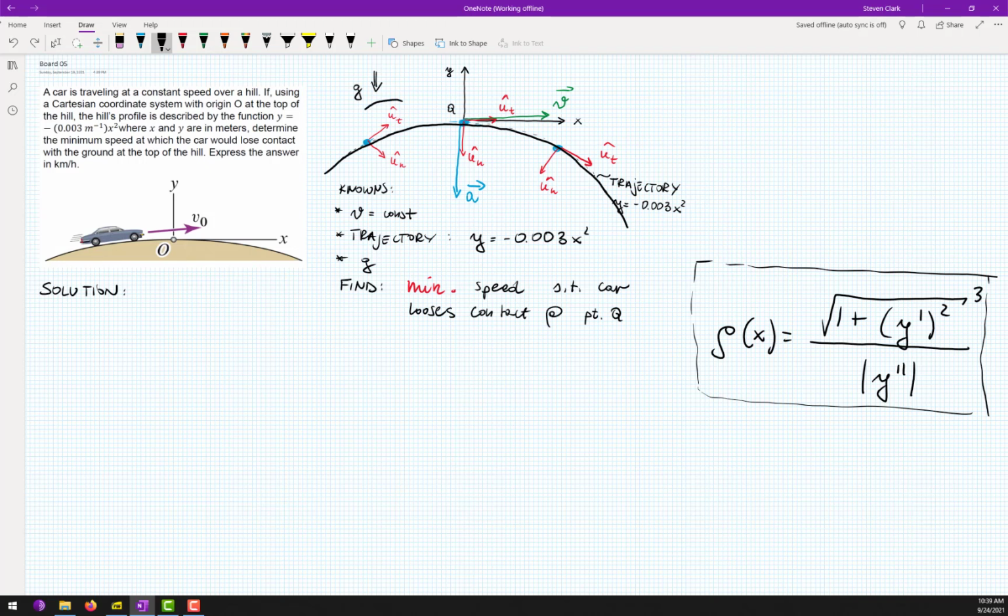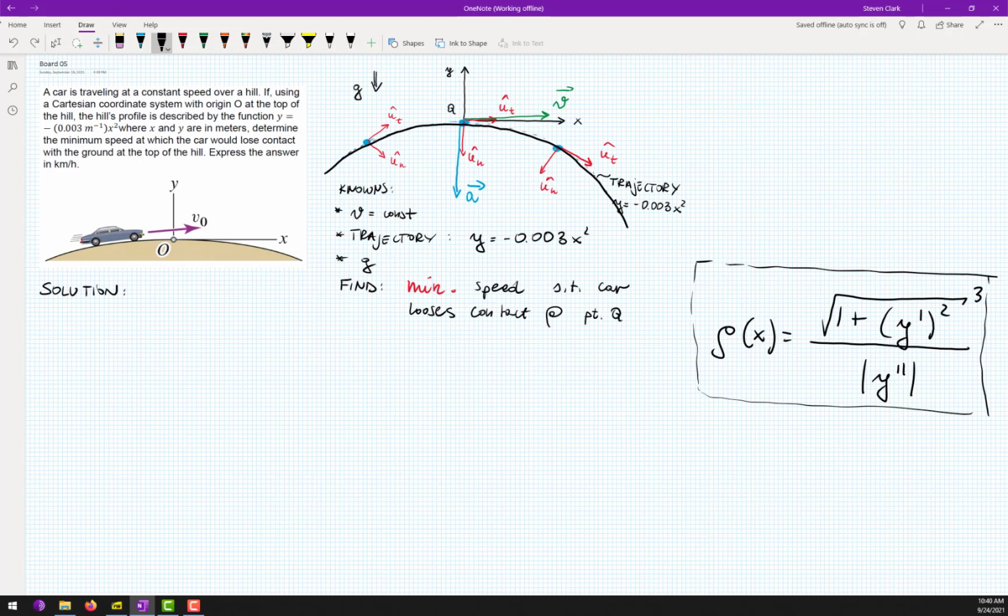As you can see, our coordinate system changes in time, and we have a constant velocity. We are on Earth, so we have gravity. They ask us to find the minimal speed so that the car loses contact with the ground, so basically the minimal speed so that the car starts flying, at point 0, 0, at point Q.